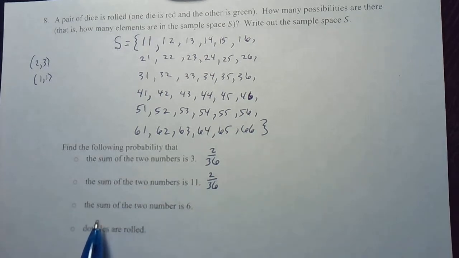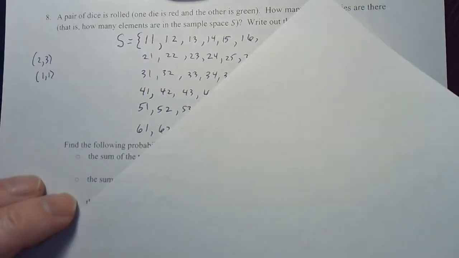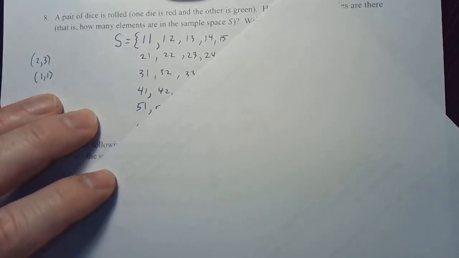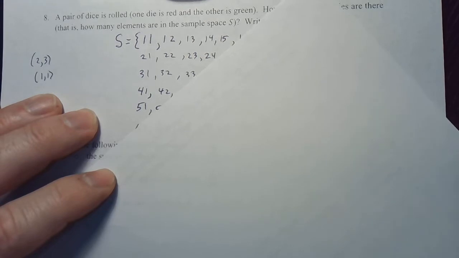What is the probability that the sum of the two numbers is 6? Well, the nice thing about finding the sum of the two numbers is you can look at a diagonal here.